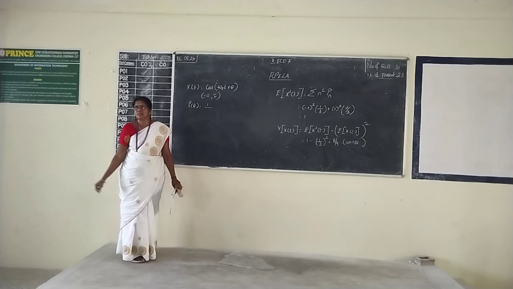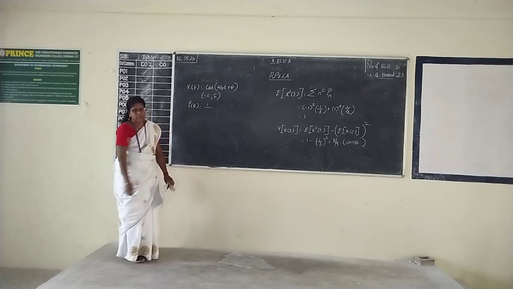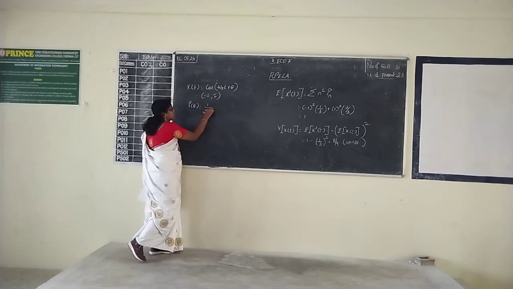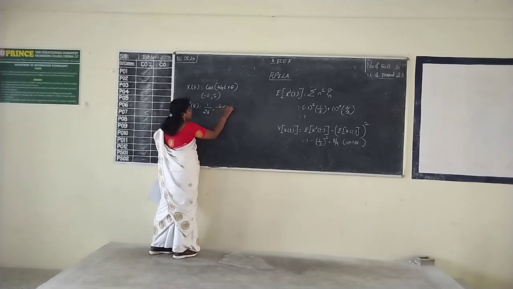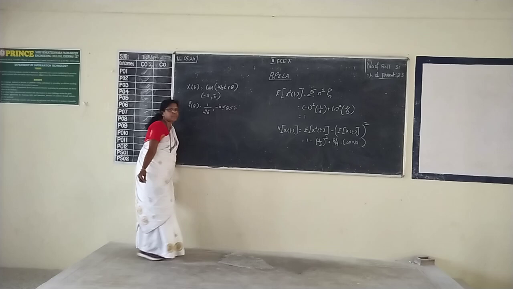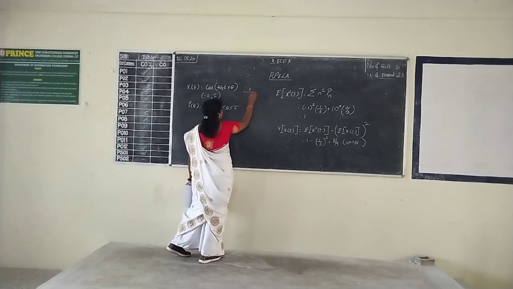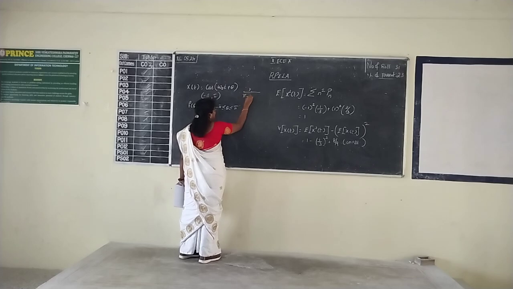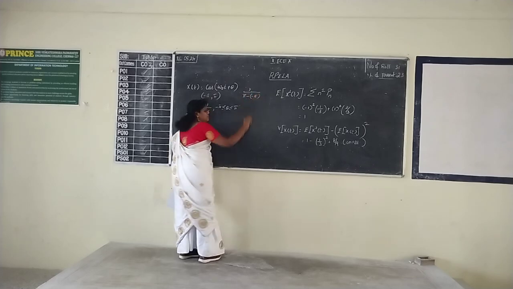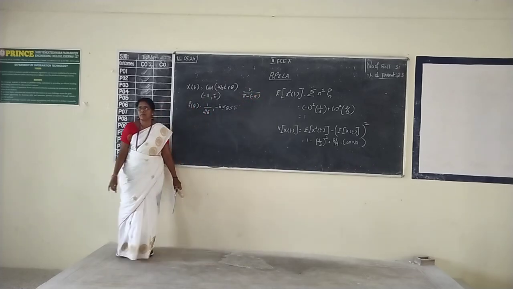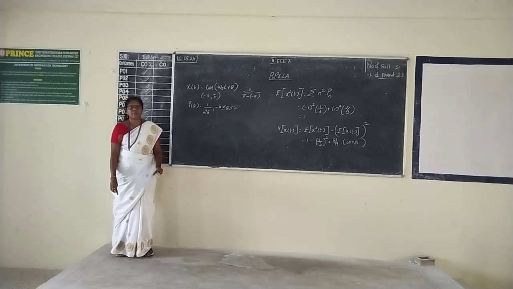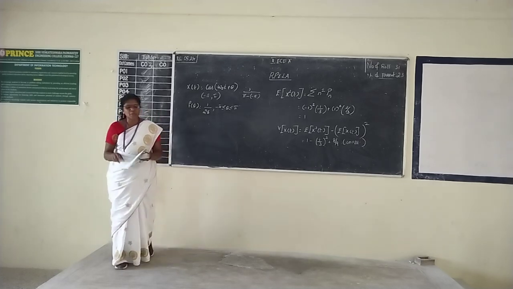So what will be the answer? 1 by 2 pi, for the interval minus pi less than or equal to theta less than or equal to pi. 1 by upper limit pi minus lower limit minus pi, so it is 2 pi.